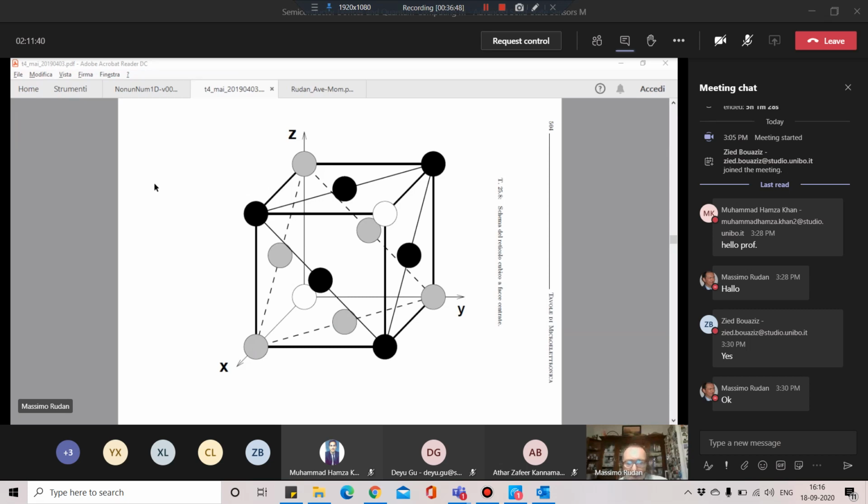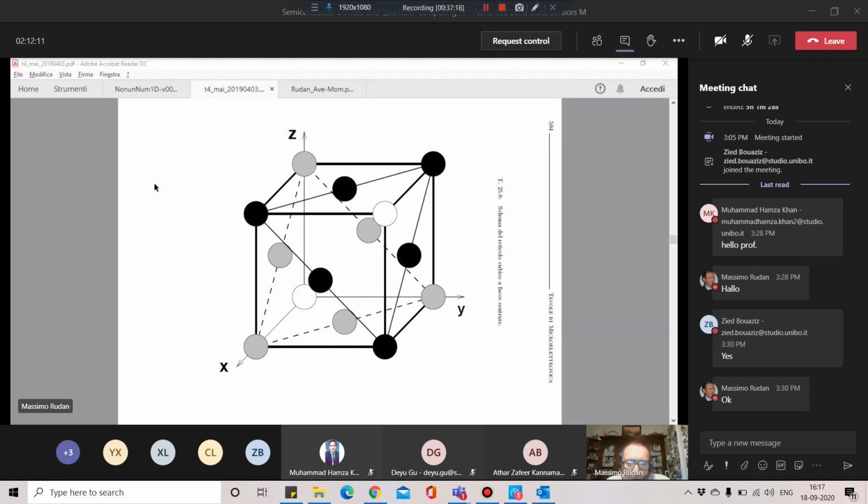So this figure represents a type of cubic lattice that is called face-centered cubic lattice. The short is FCC, face-centered cubic.